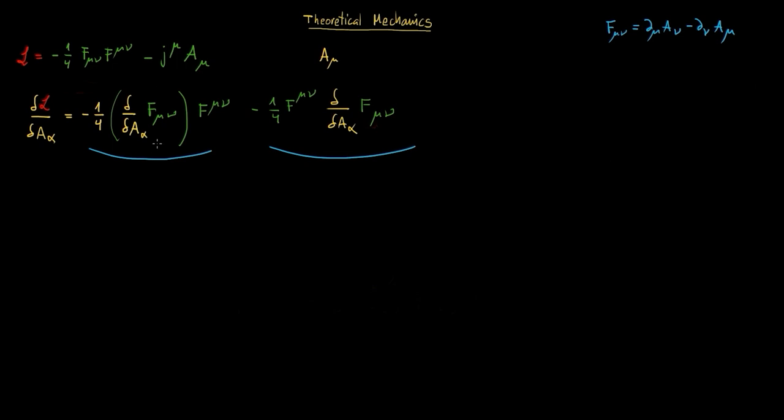Because remember, all these things are functions and the functions commute. So we finally have minus 1 over 2, the functional derivative with respect to a alpha of f mu nu times f mu nu.